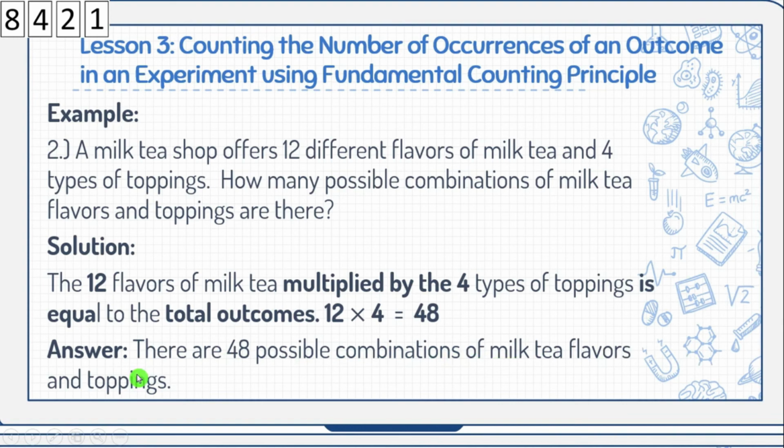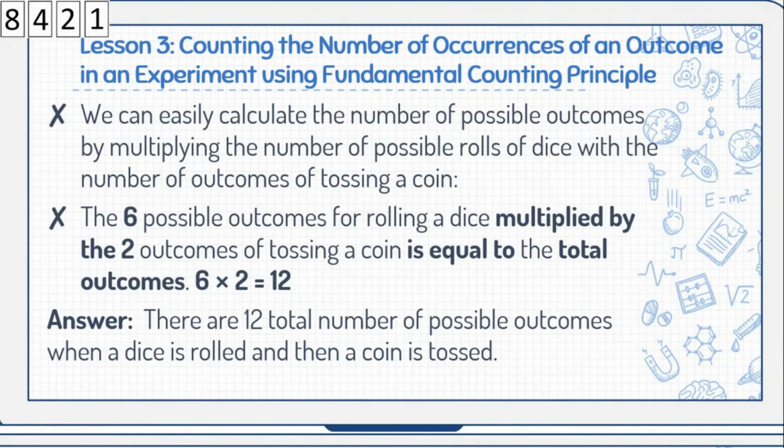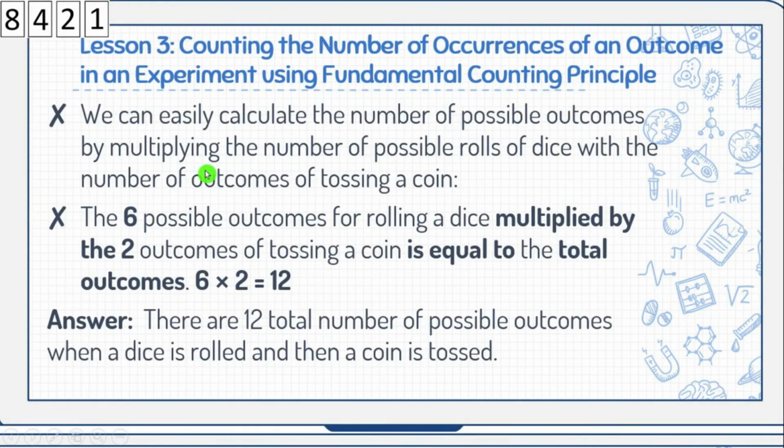Okay? So, we can easily calculate the number of possible outcomes by multiplying the number of possible rolls of dice with the number of outcomes of tossing a coin. Yung kanina, example number 1.